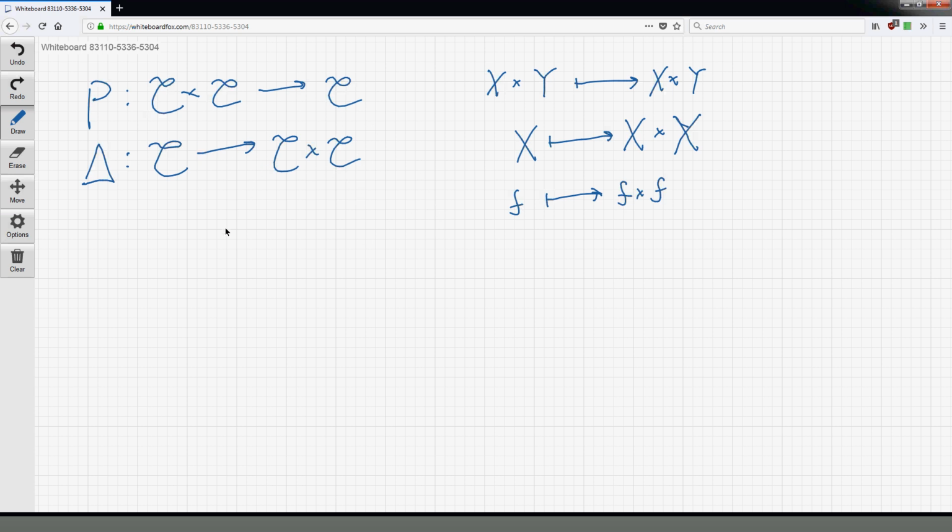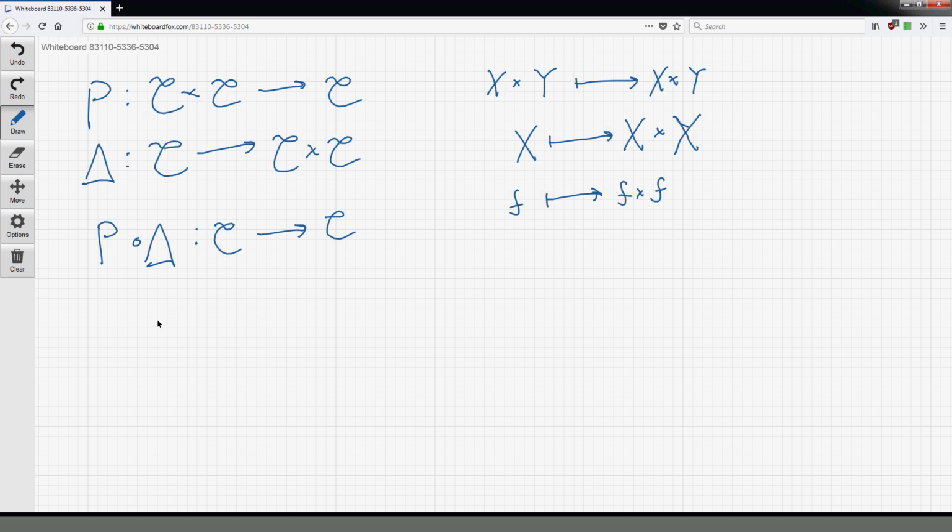You can only get to the diagonal elements. So if we want an endofunctor from C to C using the product, we can compose these. Right? So if we have P after delta, that's an endofunctor. And that maps X to the product of X with itself in C, this time, rather than in the product category. So that's all well and good.